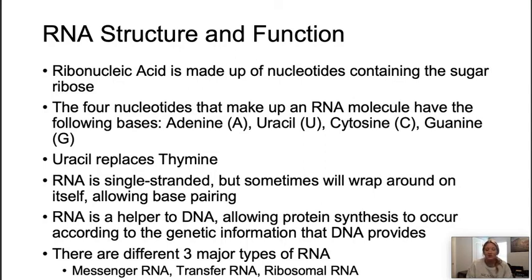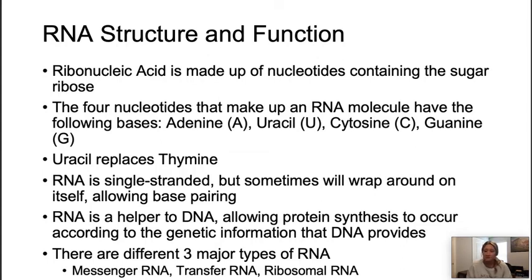So RNA stands for ribonucleic acid, and it's made up of nucleotides containing the sugar ribose. So remember that a nucleotide is made up of your nitrogenous base, your phosphate group, and a sugar. The sugar here is going to be ribose instead of deoxyribose, which is the sugar that made up a nucleotide for DNA. So we've also got those four nucleotides that make up an RNA molecule.